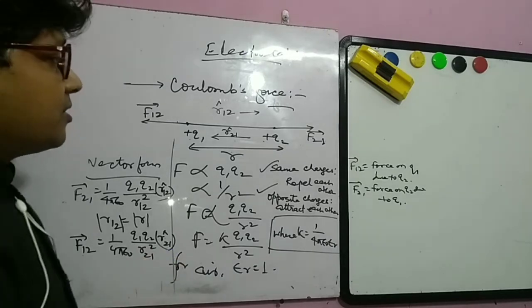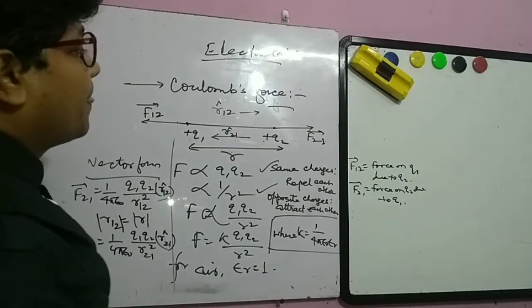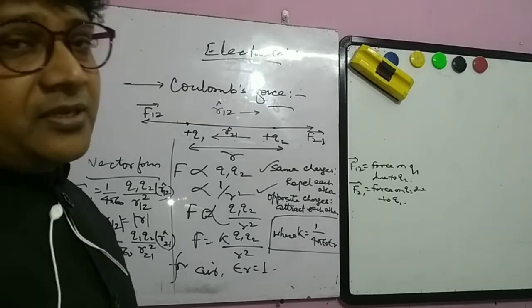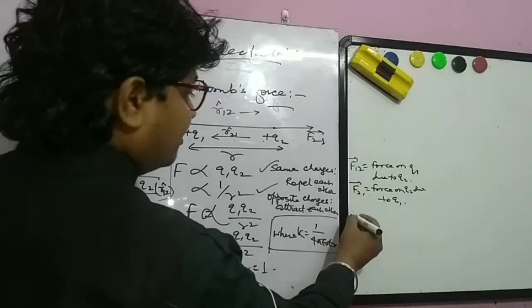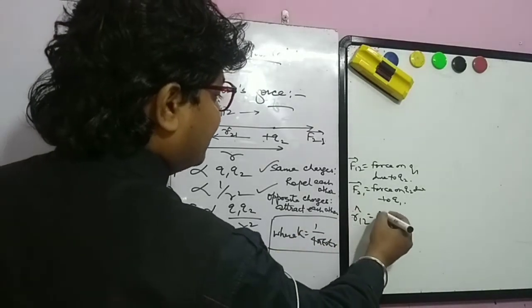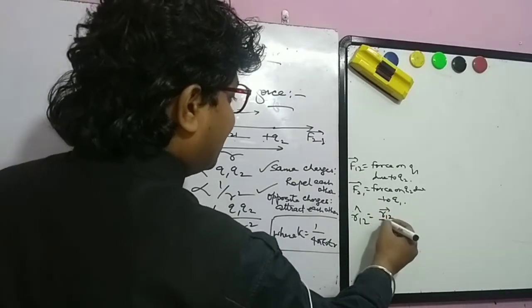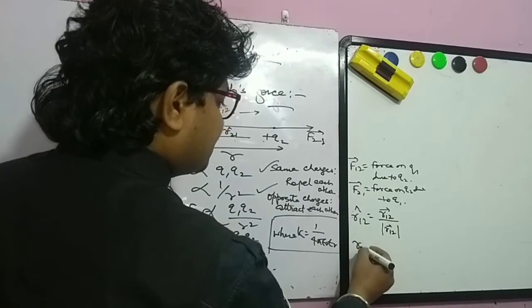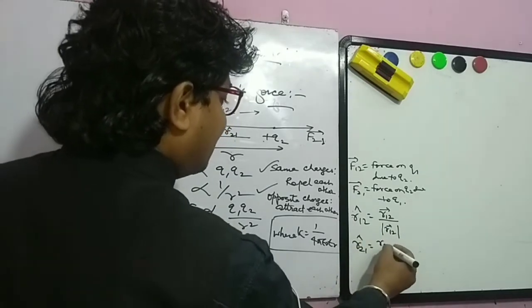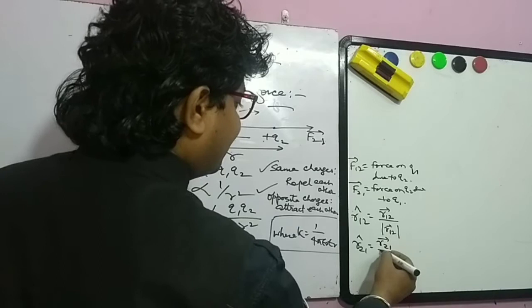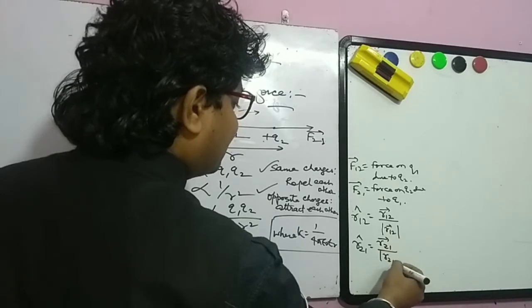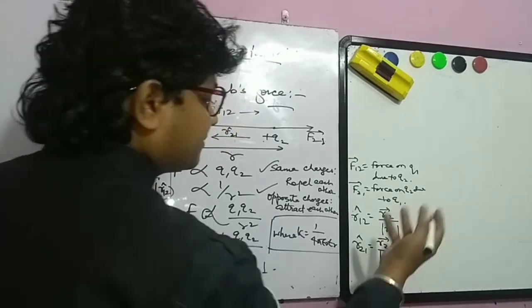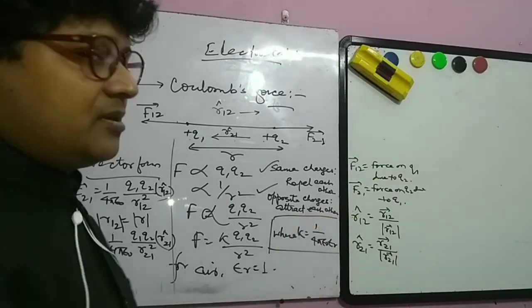Now the question comes, what is this R12 unit vector? So we can write R12 unit vector as R12 vector divided by magnitude of R12 vector. What is R21 unit vector? R21 vector divided by magnitude of R21 vector. This is the unit vector, right?